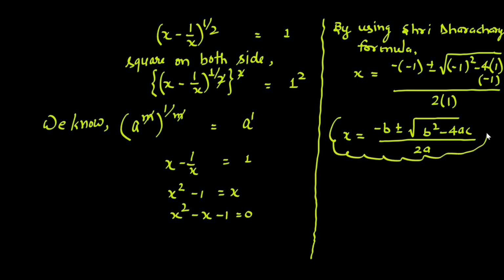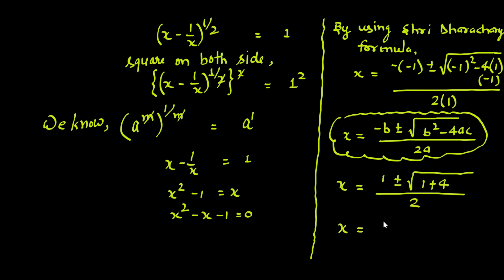This is a very important formula for finding the roots of any quadratic equation. So our expression x is equal to (1 ± √(1 + 4))/2. So we will get x is equal to (1 ± √5)/2. This is the value of x that we wanted to find. So this is our final answer.